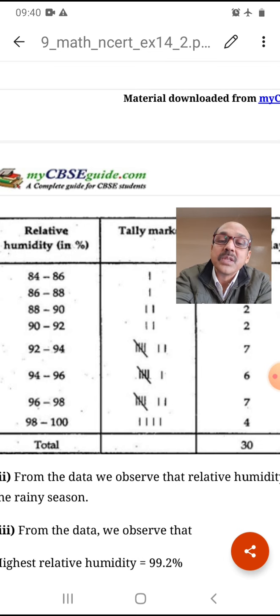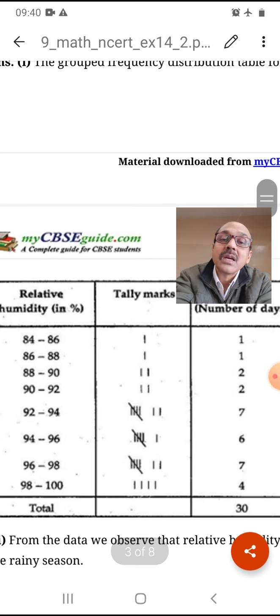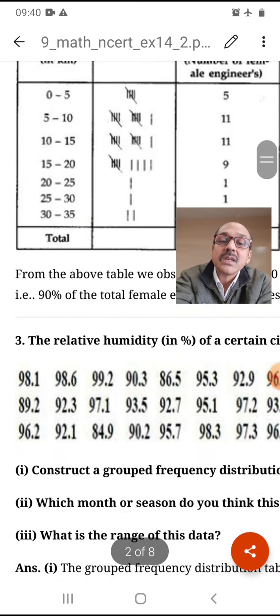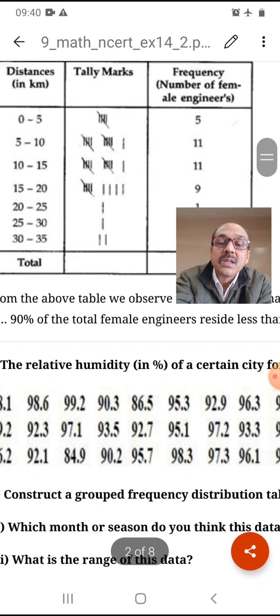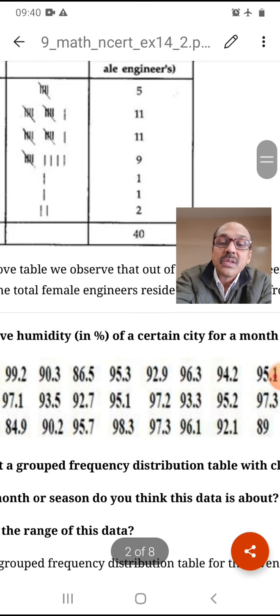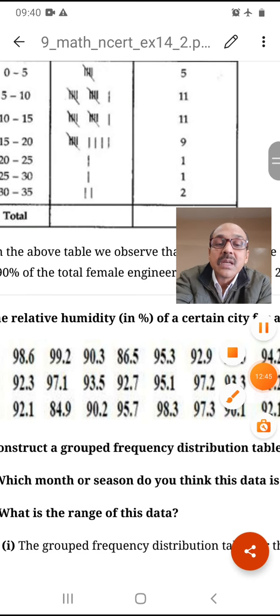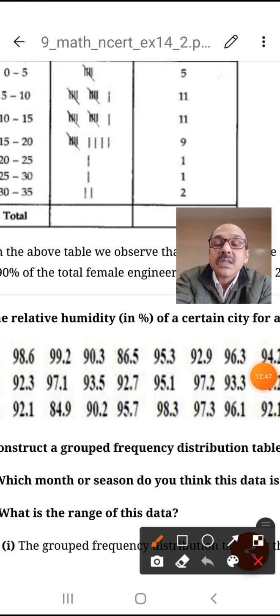And now you see between 84 to 86 how many numbers are present. You have to count and see. 98.6, 92, 97, 84. See, between 84 to 86, 84.9 is there, so one only. And between 86 to 88, 86.5 is there.